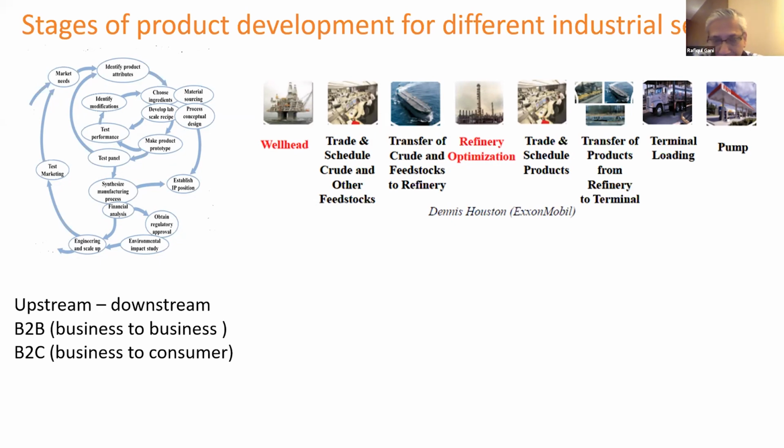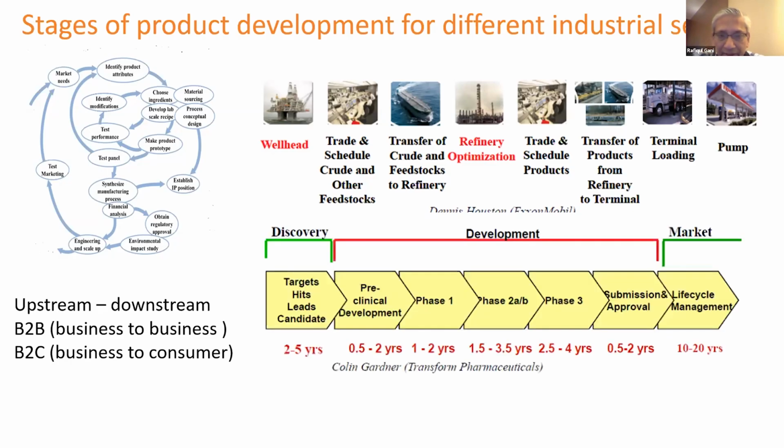for consumers. If we look at another example, from the pharma industry, there it is business to consumer, and the stages are different and the time scales are different. So I'm just showing two examples.